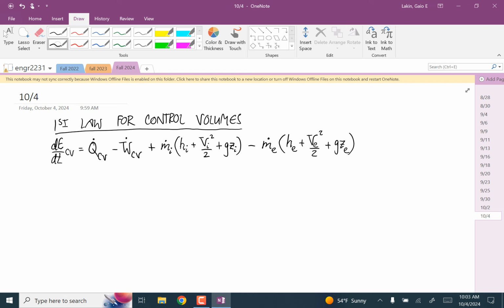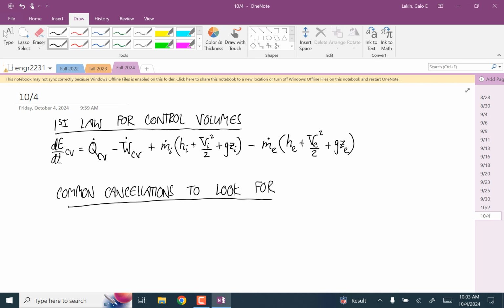And here are the common cancellations to look for. The first one is steady state.